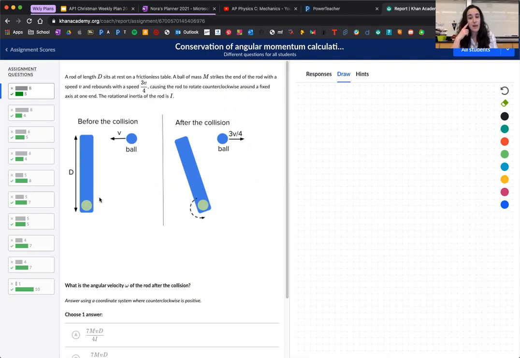We have a pin. And remember, when we're looking at what's conserved, a pin prevents an object from sliding, but doesn't prevent it from spinning. Because of the pin, linear momentum here is not conserved.